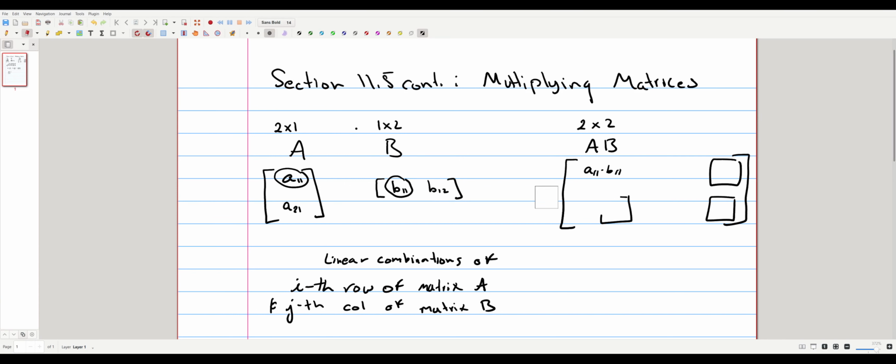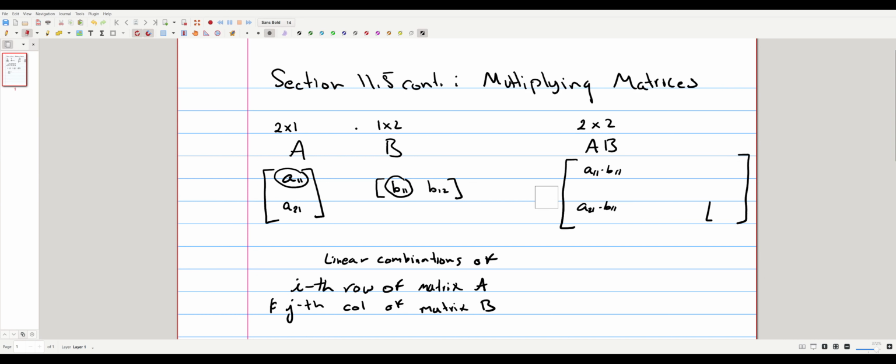And that's the term that goes in there. And so what's the term that goes here? Well, notice this is the second row, but the first column, right? And so you're going to take the second row from matrix A and multiply it to the first column of matrix B, which is just the term B11.